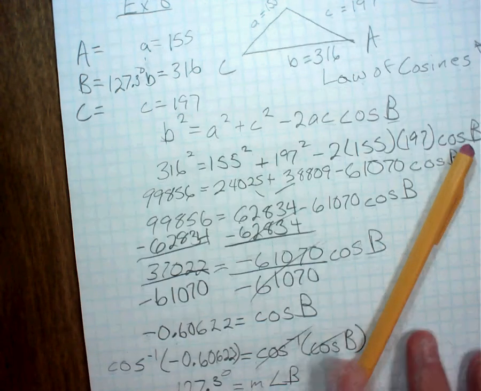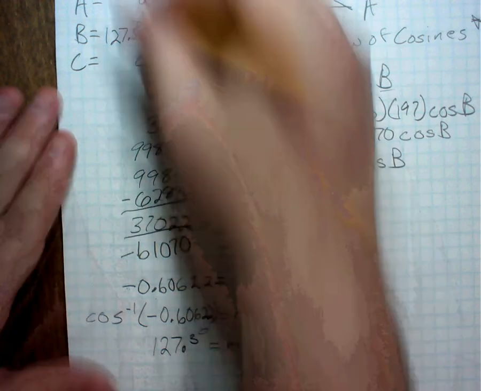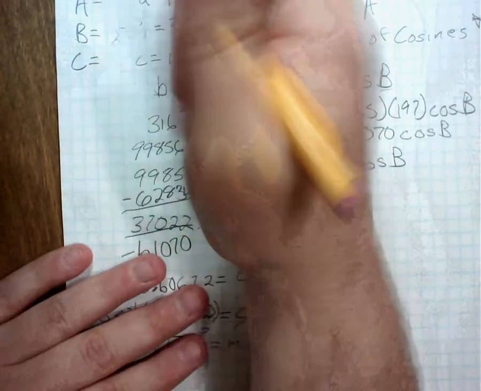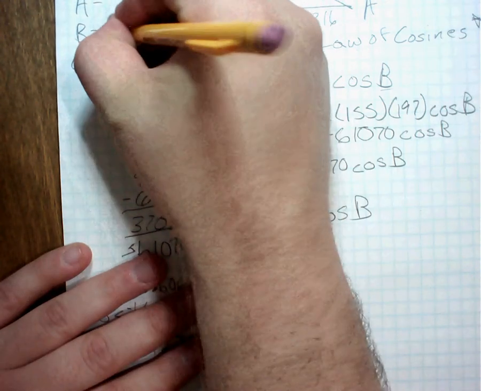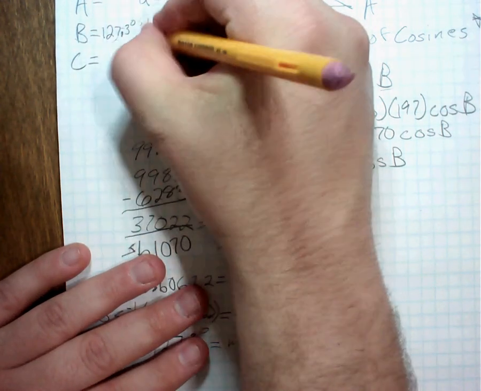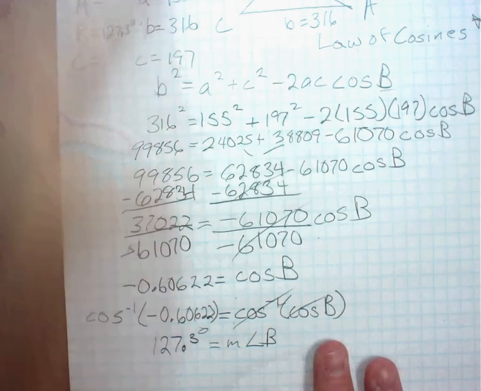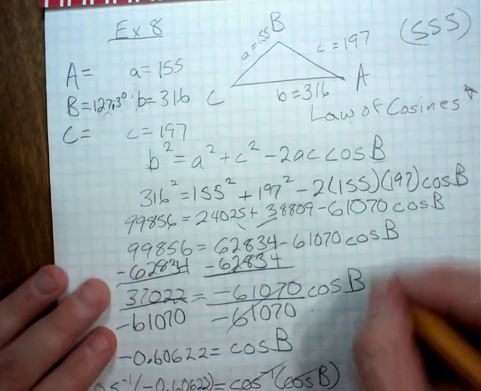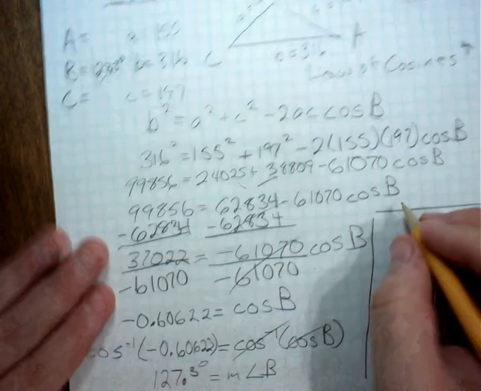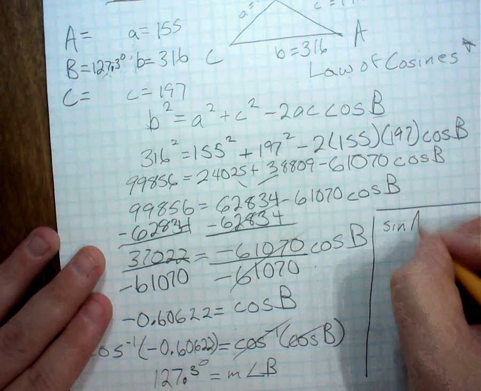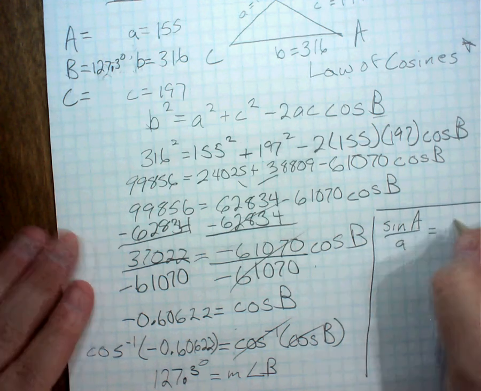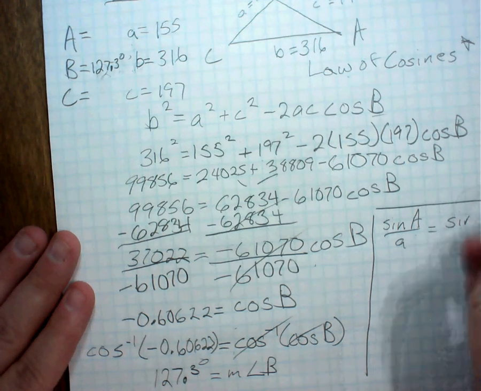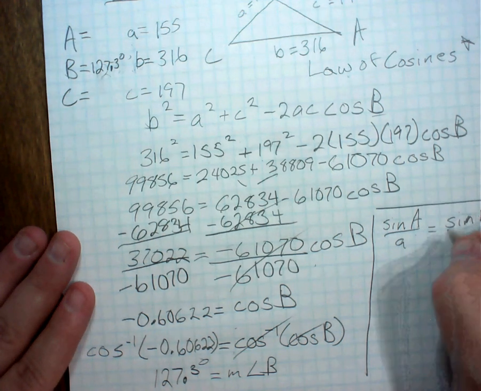All right. I'll write a little smaller, 127.3 degrees, and this is lowercase b. All right, so now to find the measure of angle A, I'm just going to say sine of capital A all over lowercase a is equal to the sine of B all over lowercase b.